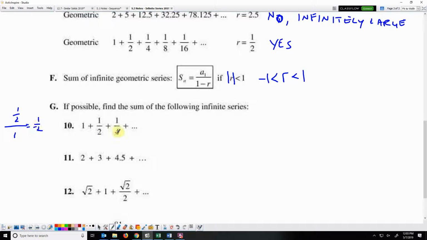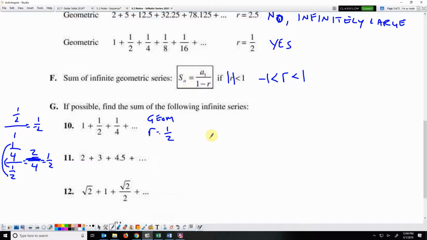And then term 3 divided by term 2, 1/4 over 1/2. The outer loop gives me a numerator of 2, the inner loop a denominator of 4, which is 1/2. So we have a common ratio. It is geometric with an r of 1/2, so it is possible.